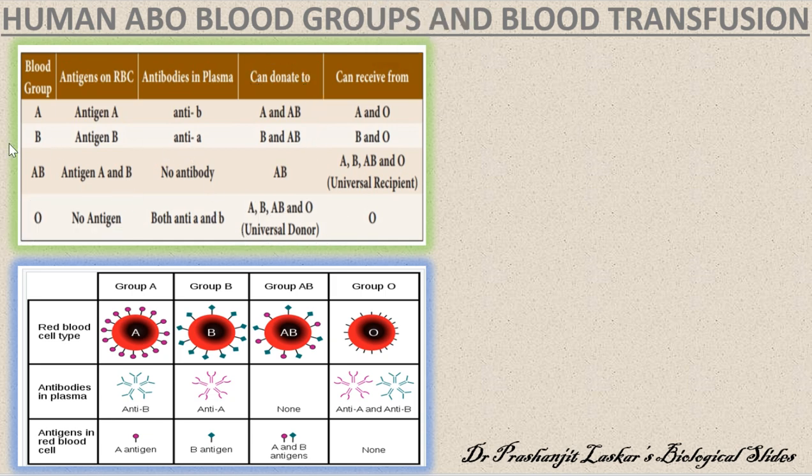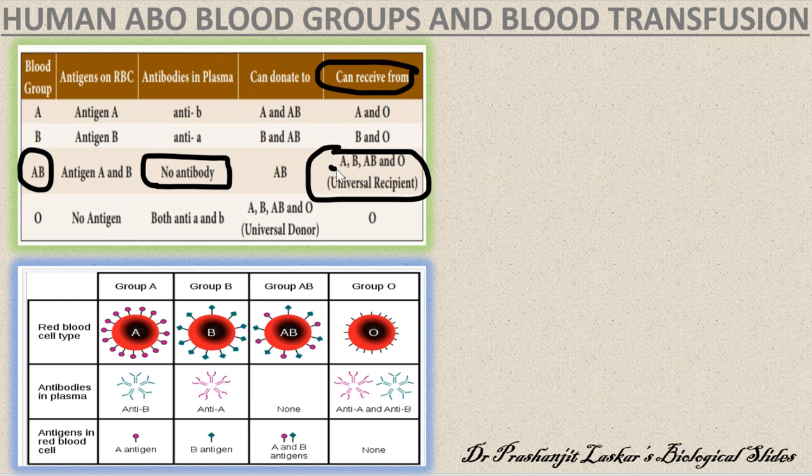Persons with blood group AB have no antibody in their blood, so they can receive, here it is written, from AB, A, B or O blood group donors. So they can receive blood from any blood group.